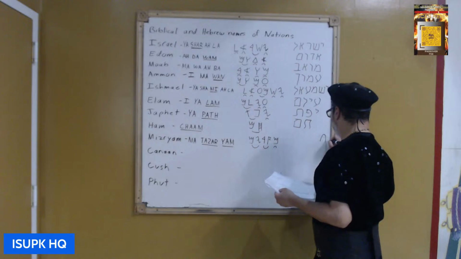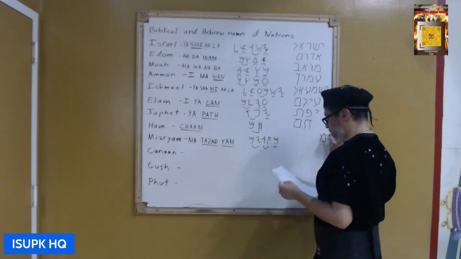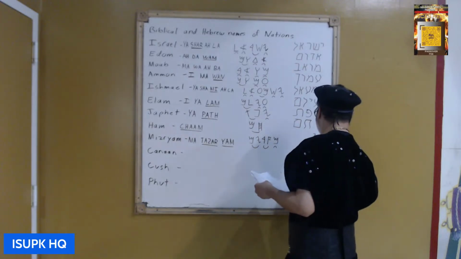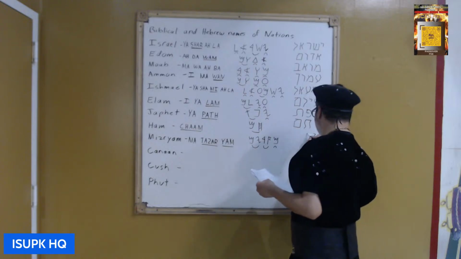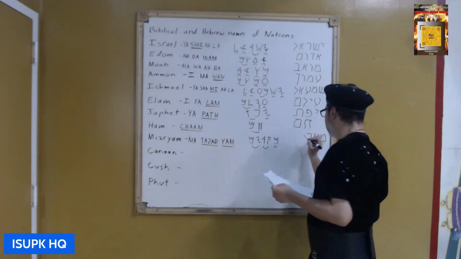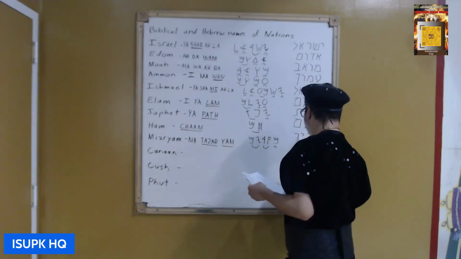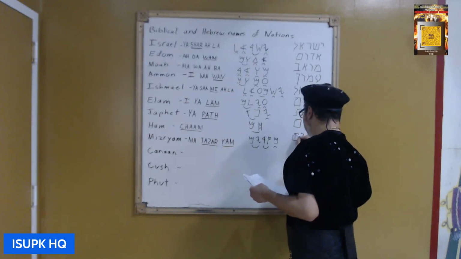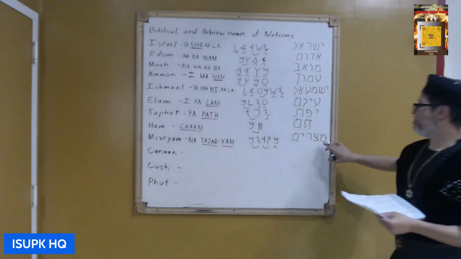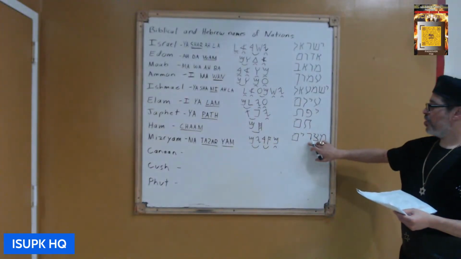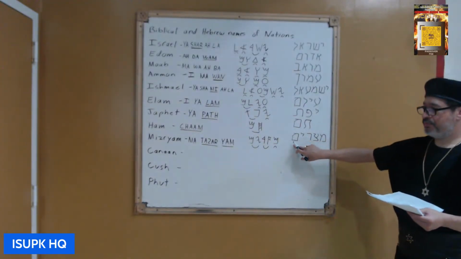In the modern, it's Ma, Tazah, Ra, Ya, Ma. Ma, Tazar, Yam.